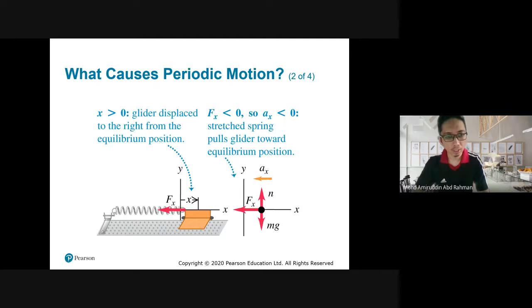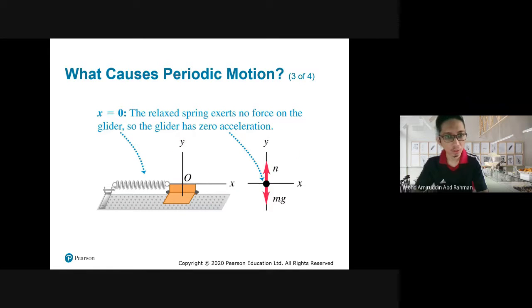Okay, so we look at the force diagram. We have the Fx, and as usual, we have the normal force and also the weight of the object. Fx is moved towards the left. So when it is at the normal position, there is no force.